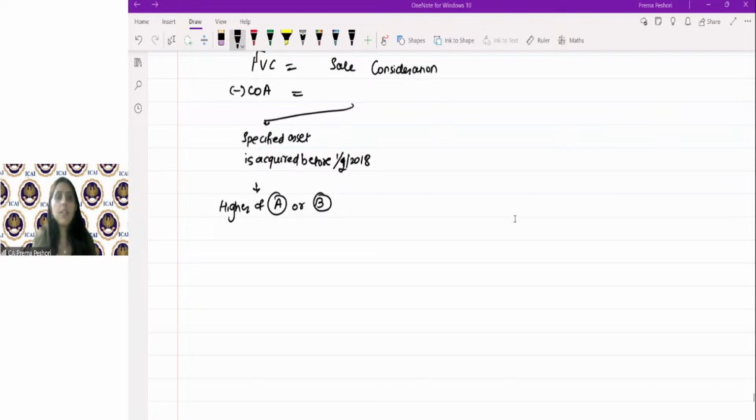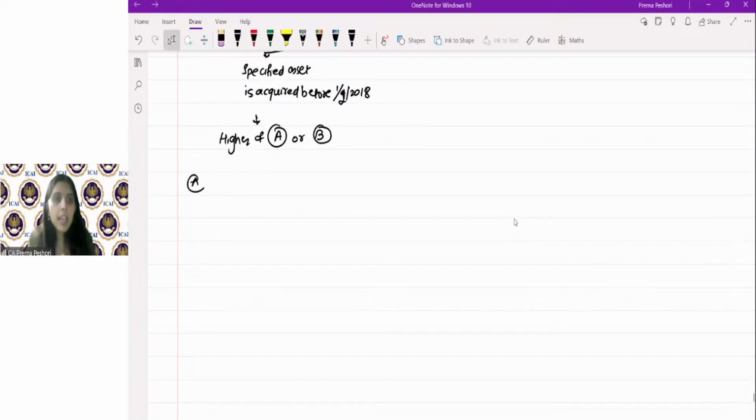What is my A? A is my cost of acquisition. Then B is the lower of 1 and 2.